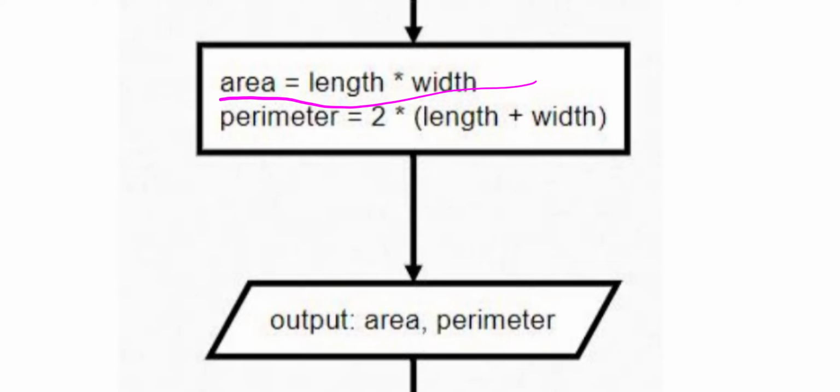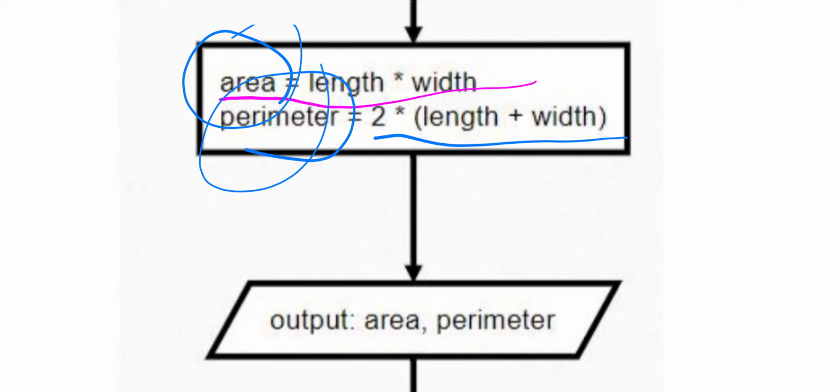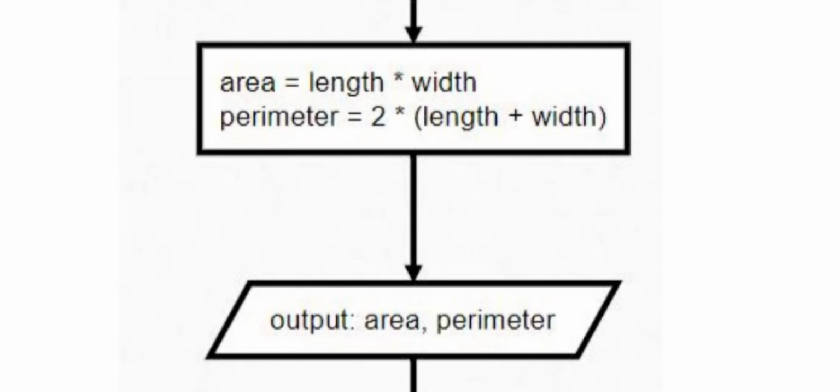Next thing is how to calculate the perimeter. This is done using 2 times of length plus breadth. So this is the formula. Whatever the value you get after calculating length into breadth will be stored in area. After calculating 2 into length plus breadth, whatever answer you get will be stored in perimeter. I hope you understood this formula, right?